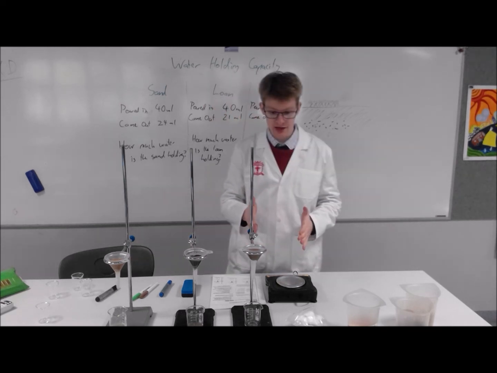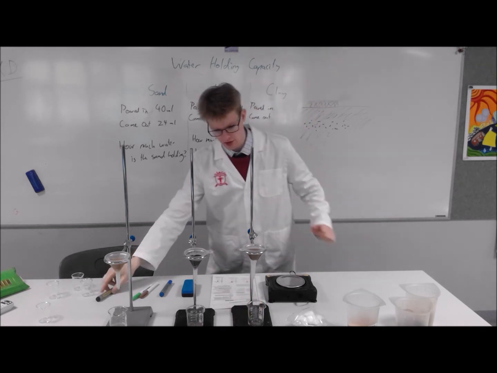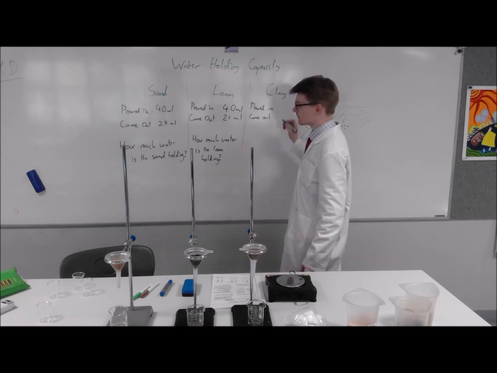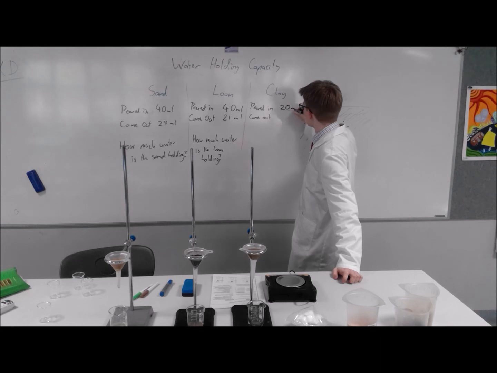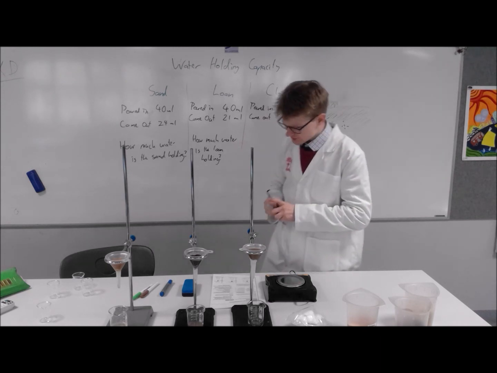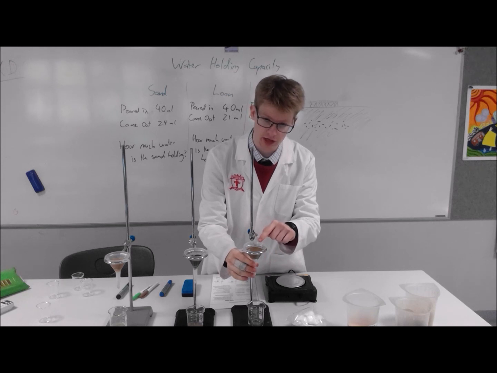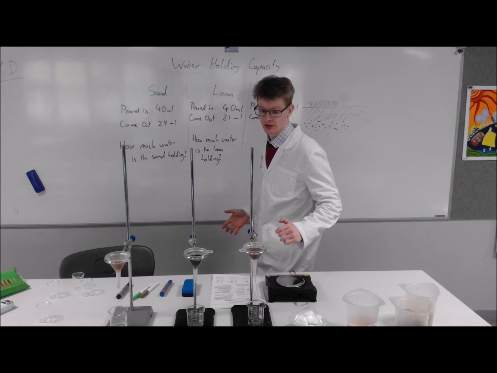Now, for the clay, seeing that no water actually came out, you would think that I would say that 0 mils came out and 20 mils was poured in. But there's all this water that's actually sitting on top of the clay. That's not water that the clay has absorbed. That's not water that the clay is holding. All right.